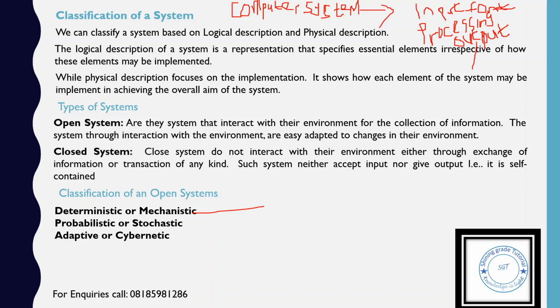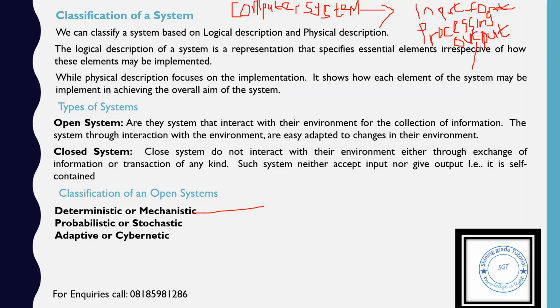And then the aspect of the cybernetic or adaptive system. This is a system that interacts with the environment and becomes adaptive with it, and then obtains some kind of stimulus based on what is actually obtained from the environment. So that system is cybernetic.